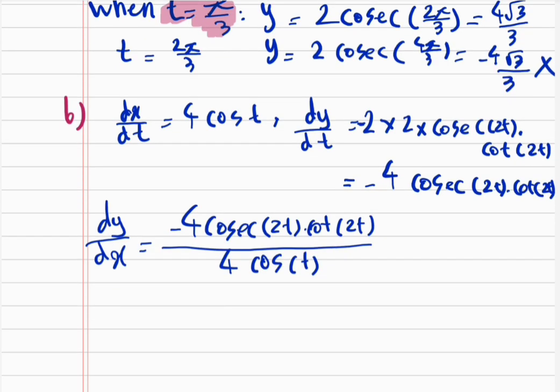So we can cancel out 4 and minus 4. Then we can rewrite cot 2t as cosine 2t over sine 2t, and you will see why in a second.